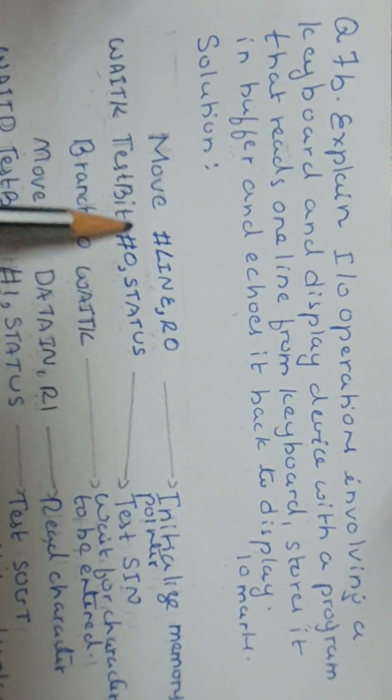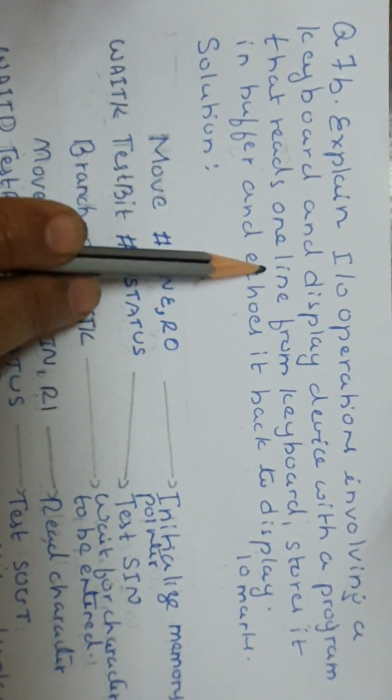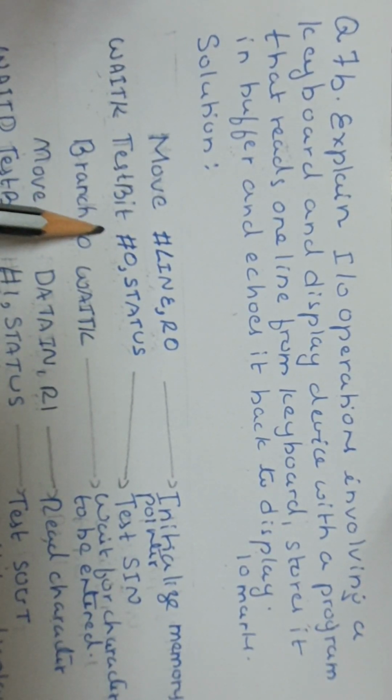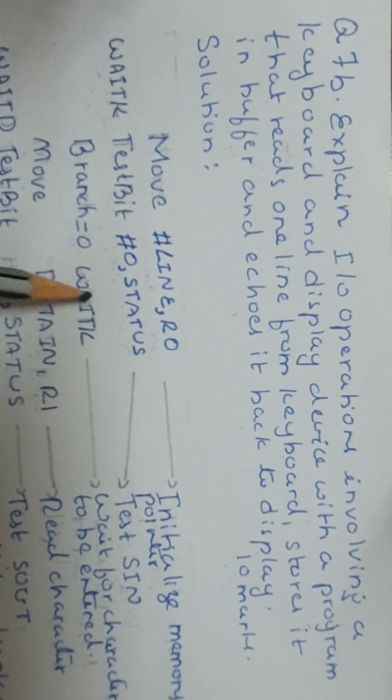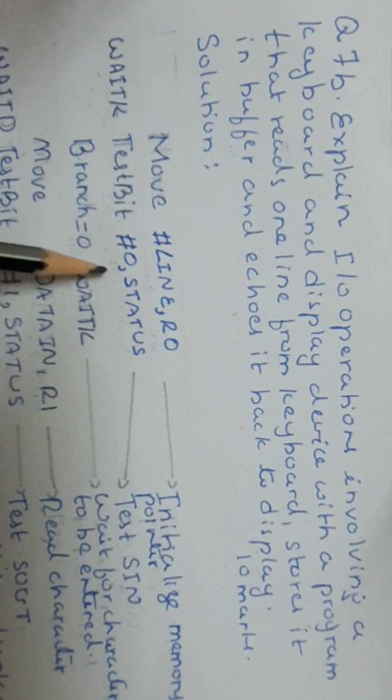With that prior knowledge, we took the assembly language program which does this task, executing 3 actions: reading a keyboard character, displaying it on the display device and storing it in the memory buffer. This action repeats for all the characters given by the user through the keyboard till the user presses the Enter button. That completes the discussion of the solution for question number 7b, asked for 10 marks.